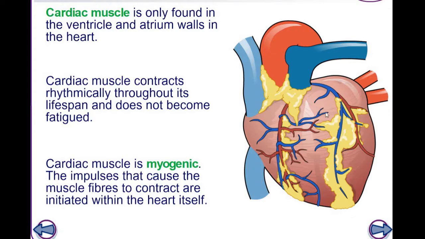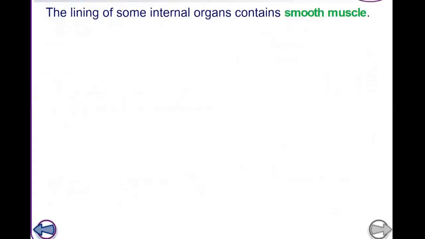It has its own pacemaker, the sinoatrial node, if you remember from your GCSE, around here. And it does control its own rhythm, but then that's influenced by the brain itself. So it'll have a sympathetic and a parasympathetic, so the sympathetic nerve and the vagus nerve, which is the parasympathetic nerve, which will increase and decrease the rate of that. So it's myogenic because it can contract completely on its own.